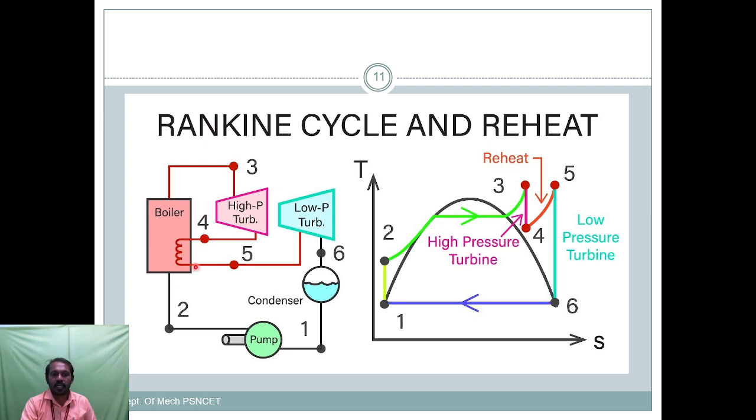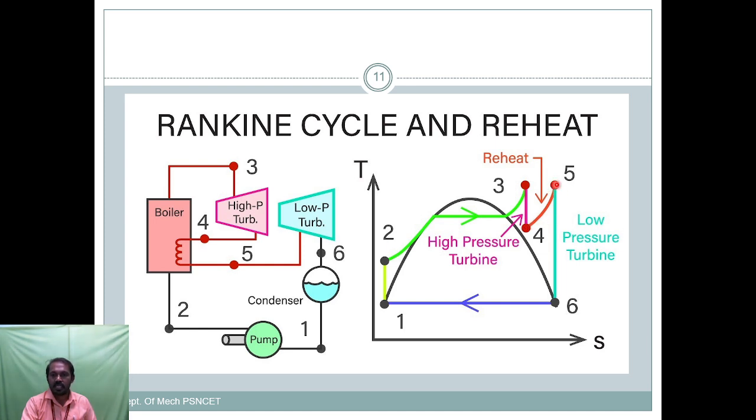That is the boiler condition. When water is released as steam, these conditions, constant pressure but temperature increase. So this is 4 to 5. 4 to 5 means the temperature increases, entropy increases, and pressure is constant.